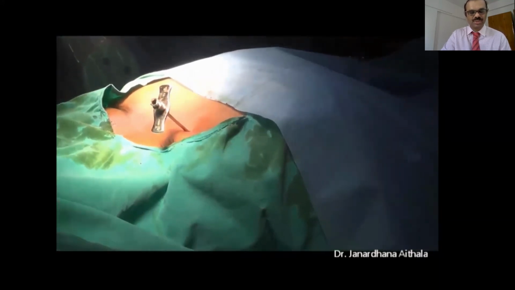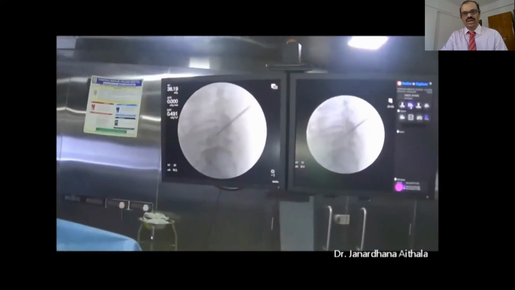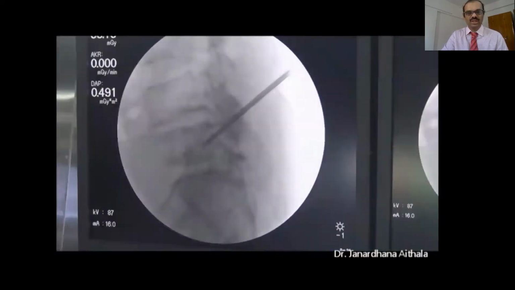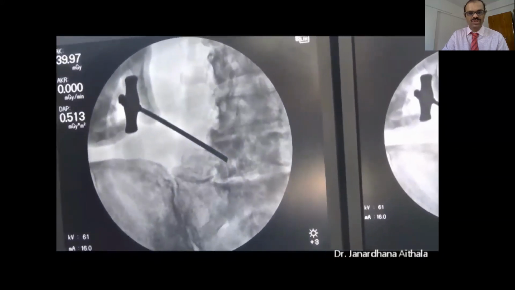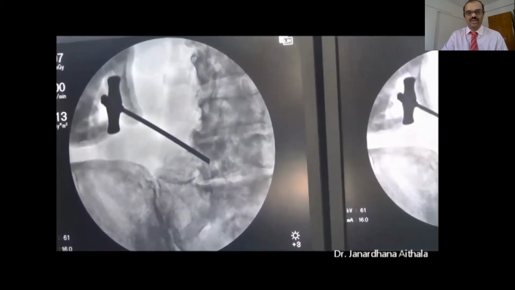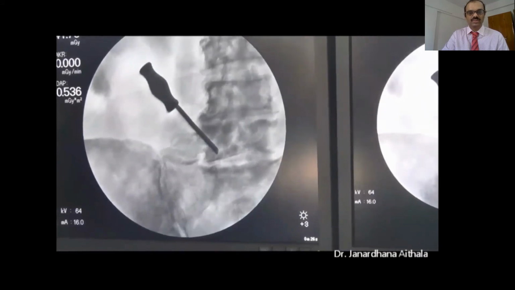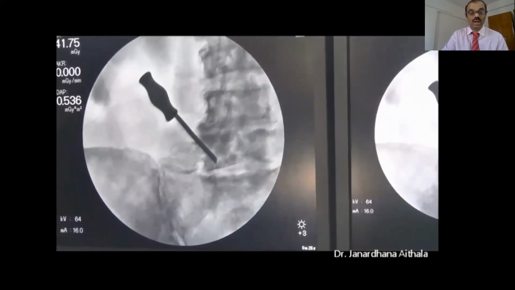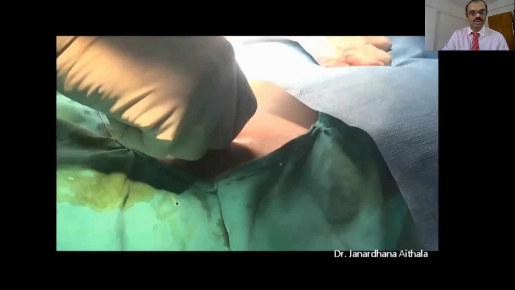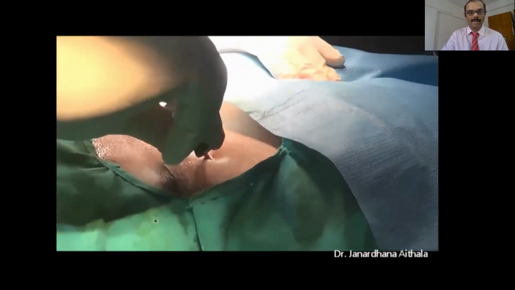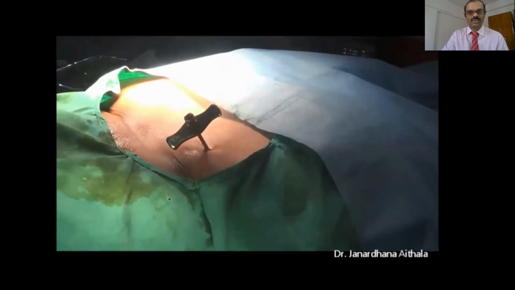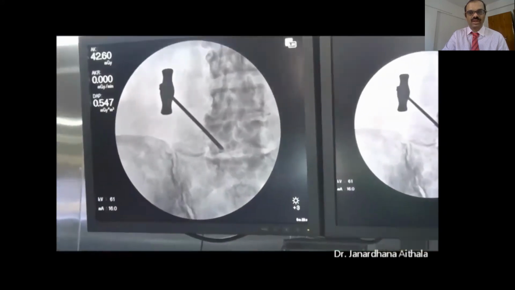Remember that the stylet should be removed at this stage so that a part of bone is trapped within the substance of the needle. So now we have breached the oval shadow here, but it is already in the vertebral body. With the rotating movement, we advance slowly.